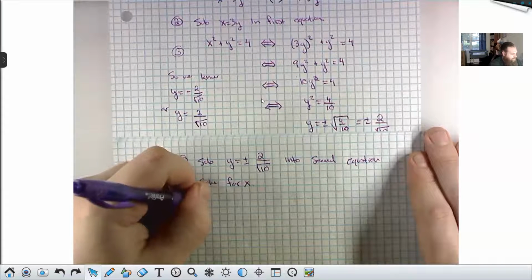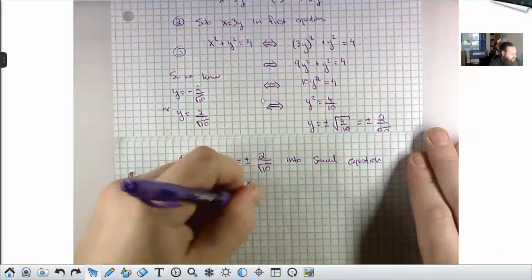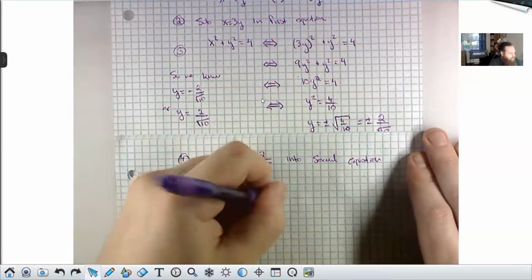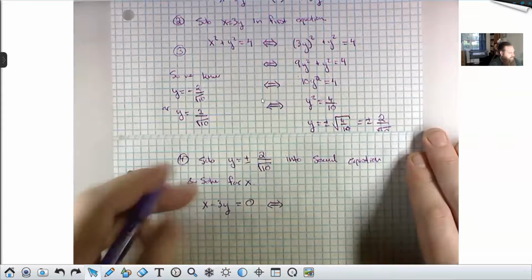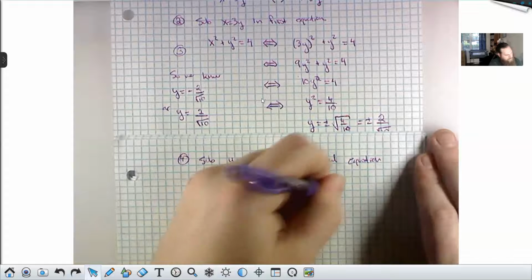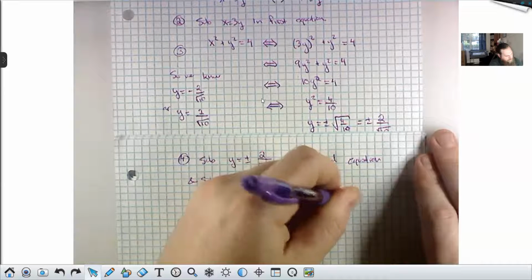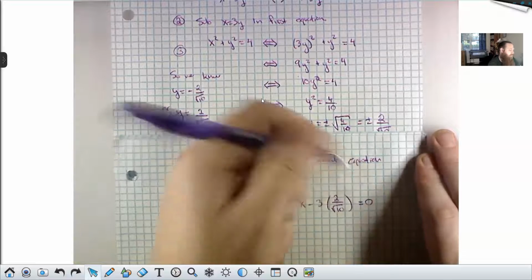We have x minus 3y equals 0. So when I plug 2 over the square root of 10 in for y, I'll get x minus 3 times 2 over the square root of 10 equals 0.